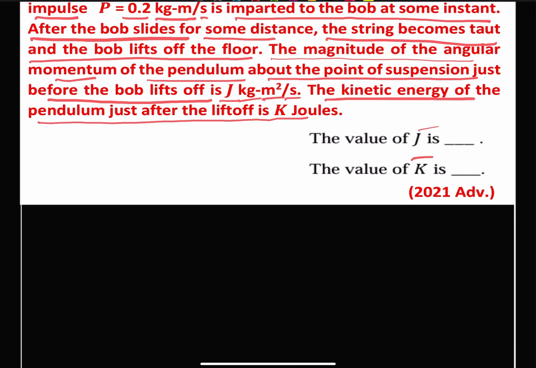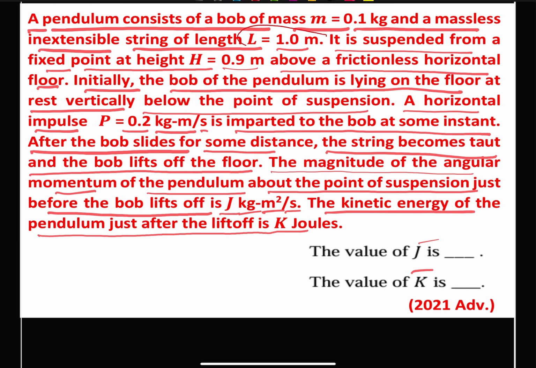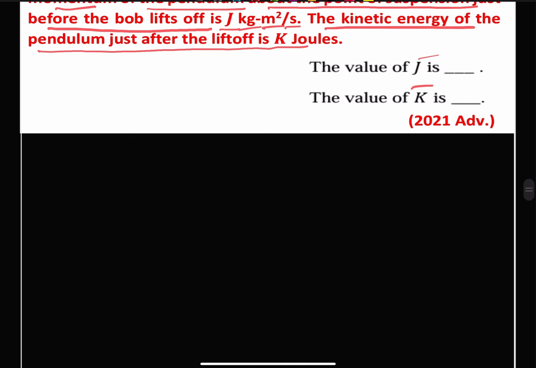In this case, we have to remember that the length of the string is on the longer side compared to the height where it is fixed. If you draw the approximate figure, suppose the pendulum is lying on a frictionless table whose height is 0.9.